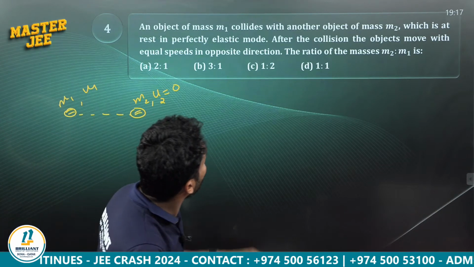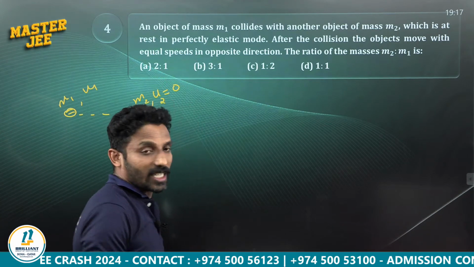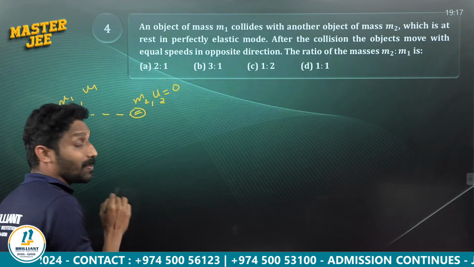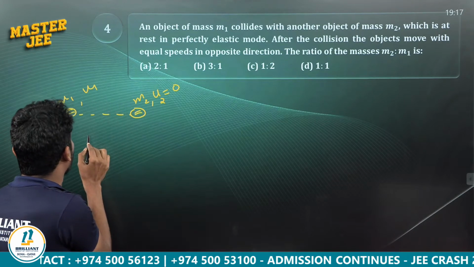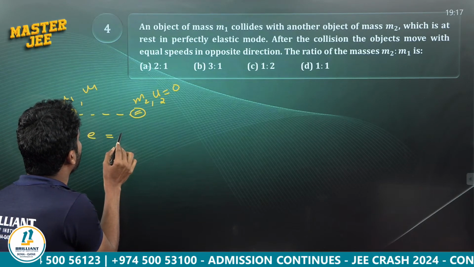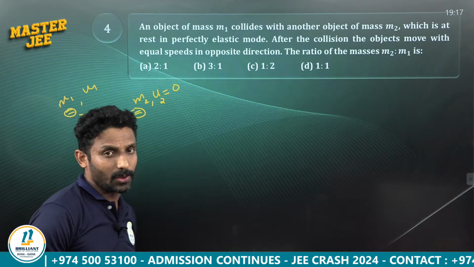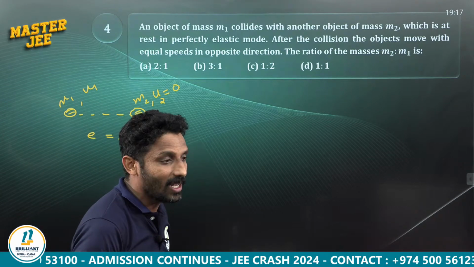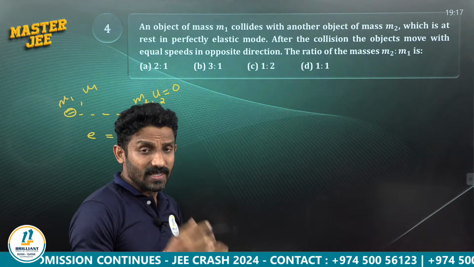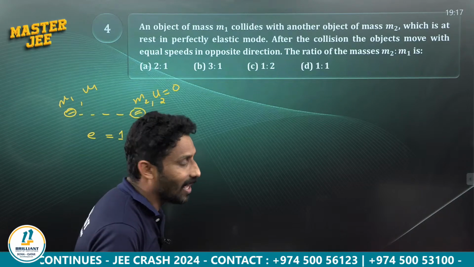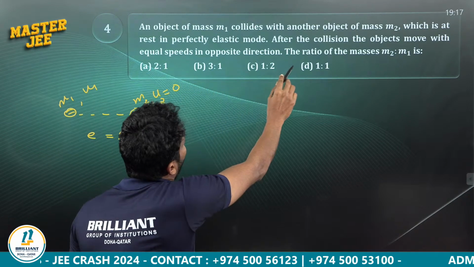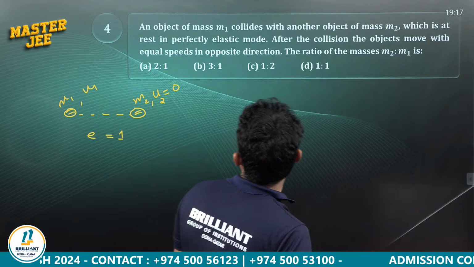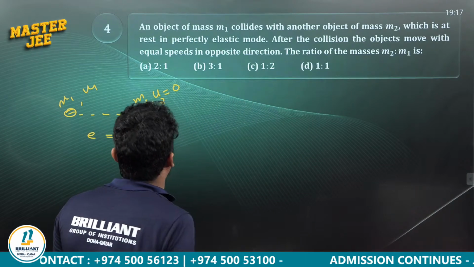In a perfectly elastic collision, the coefficient of restitution is equal to 1. Coefficient of restitution 1 means perfectly elastic, and coefficient of restitution 0 means perfectly inelastic. Now after the collision the objects move with equal speeds in opposite directions.